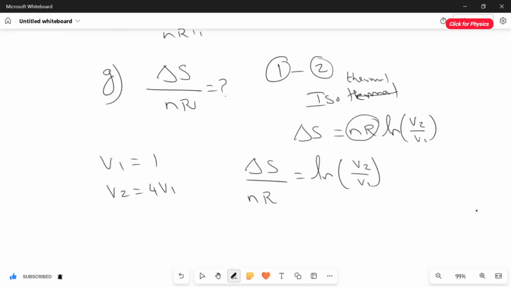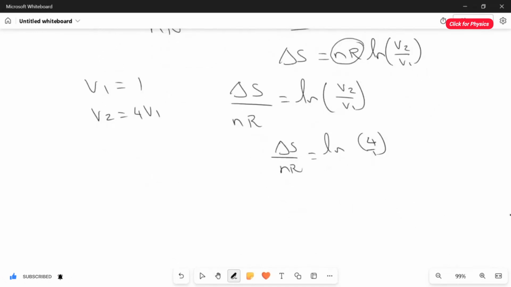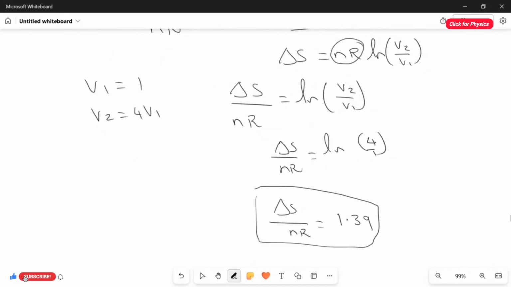Clear? So if you substitute, what will you get? Change in entropy over N R is equal to natural log of 4 over 1. Natural log of 4, I got the answer: delta S over N R is equal to 1.39. So this is the answer for the last part. That's it.